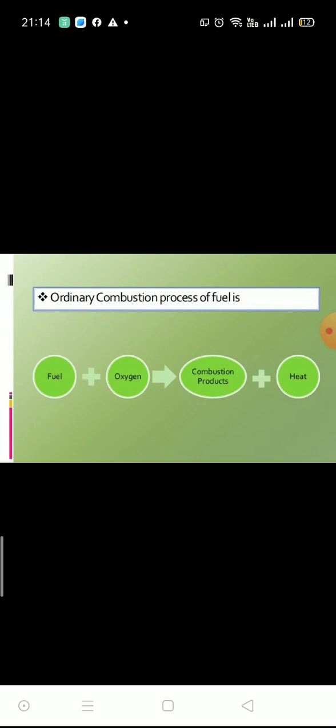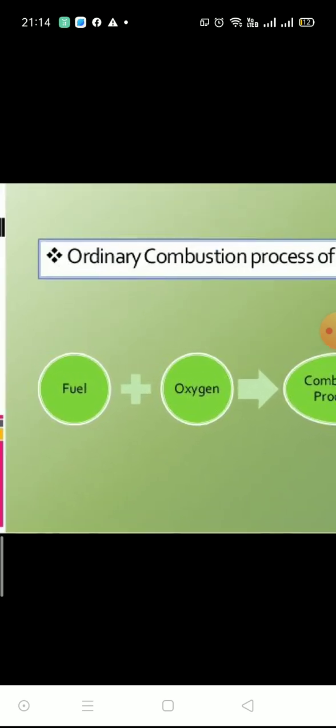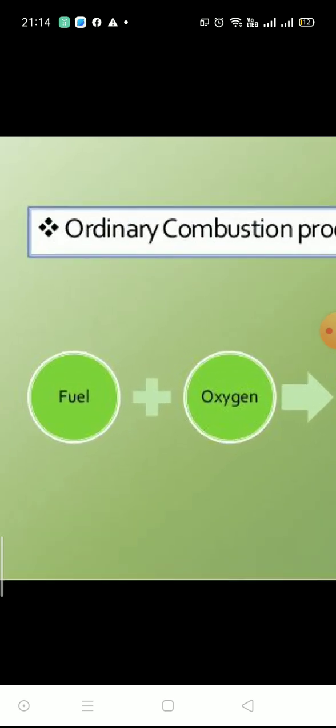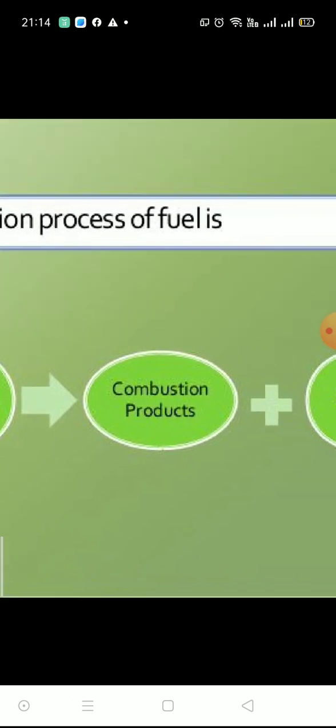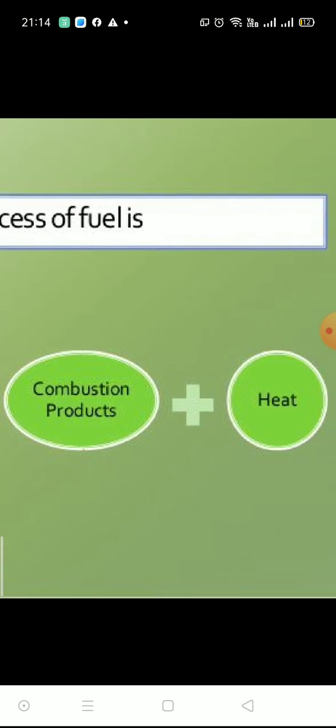So how does ordinary combustion take place? In an ordinary combustion, fuel combines with oxygen, that is, fuel burns in the presence of air or oxygen, and it gives two products, the combustion product and heat. In the combustion of any substance, heat is produced.